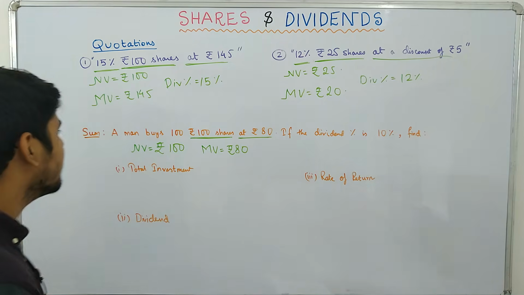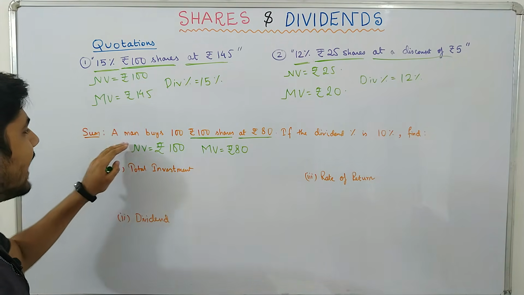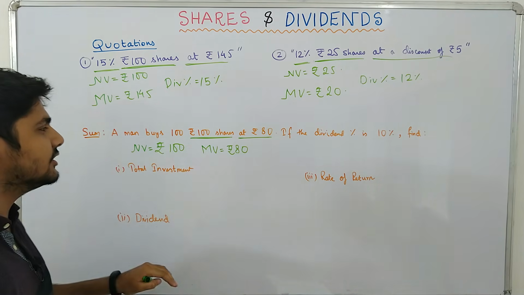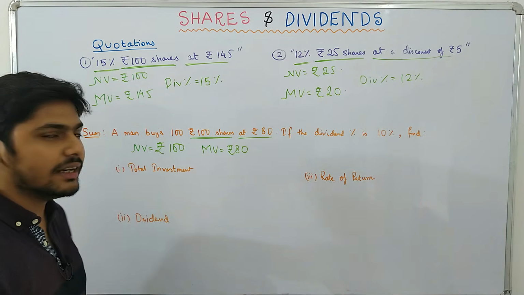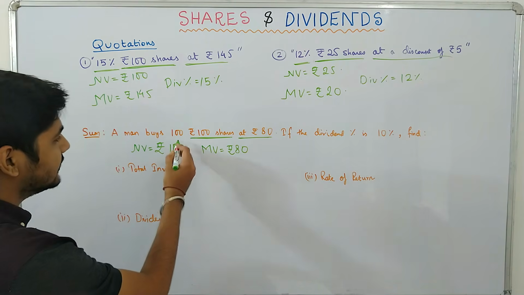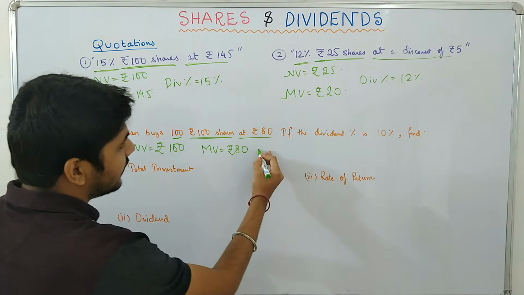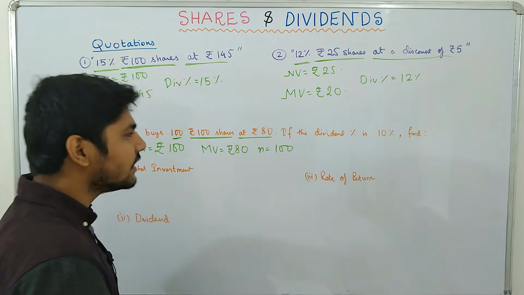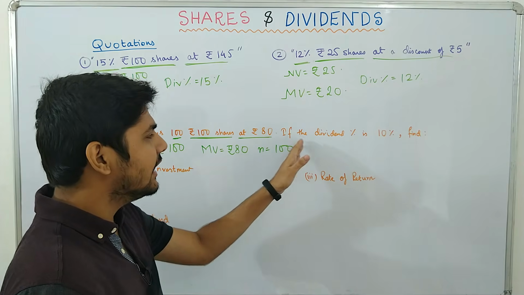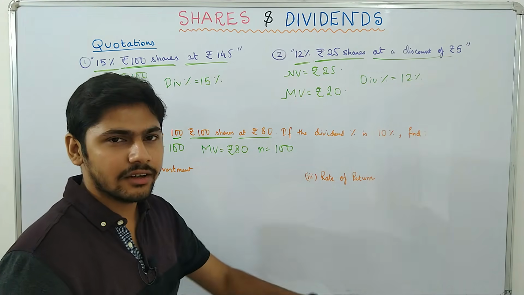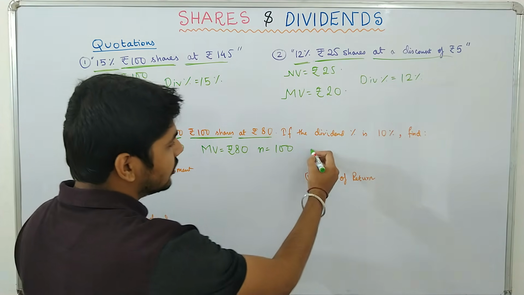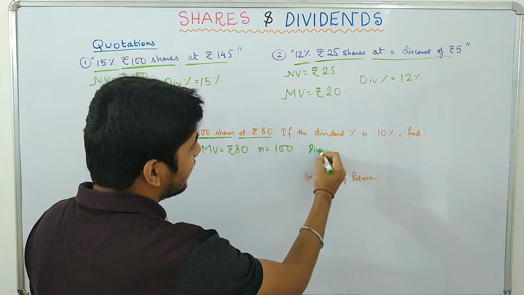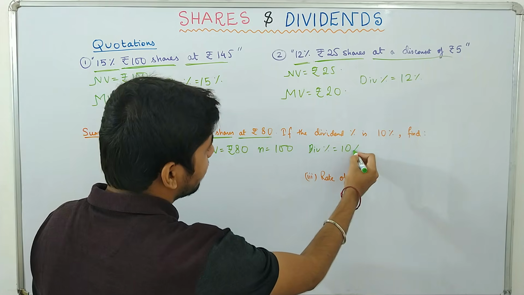Then we have in the beginning a man buys 100 rupees 100 shares at rupees 80. So N, which is the number of shares, is equal to 100. And finally we also have if the dividend percent is 10%. So the dividend percent is equal to 10%.